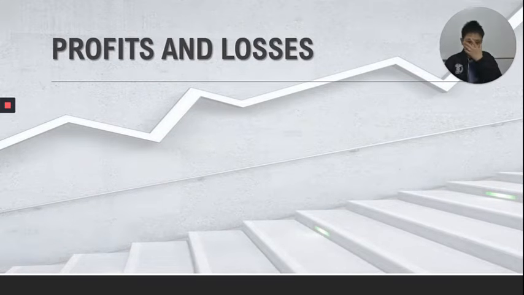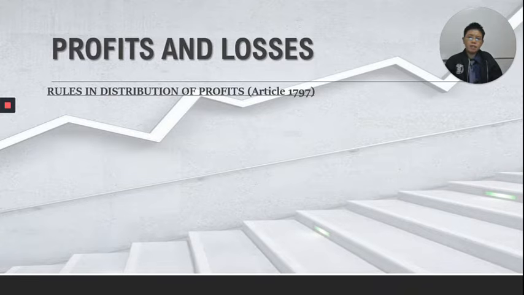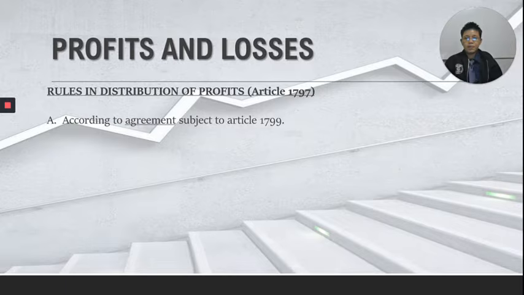So, again, in case of a partnership, a partner not only shares in the profit but also shares in the losses. So, paano nga ba i-distribute ang profits? In 1797, remember, profits are distributed according to agreement. So, kung ano ang napag-usapan na profit sharing, yon ang susundin.